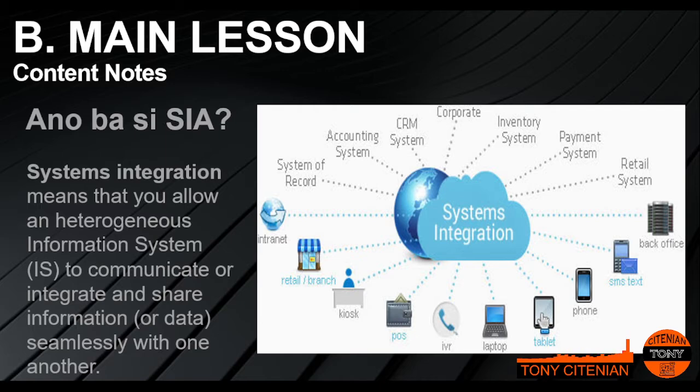So, we have corporate inventory system, payment system, retail system, back office, text, phone, tablet, laptop, IVR, point of sale system, kiosk, retail branch, internet system of record, accounting system, CRM system. Each one of them contributes to become a system integration.